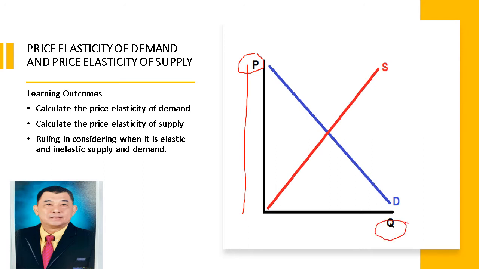If we are talking of supply, the red one, the curve is going up. So this is the price and we are referring to the quantity supplied. Now, if we are talking about the blue curve or the demand, it is going down. Therefore, the x-axis will be quantity demanded.